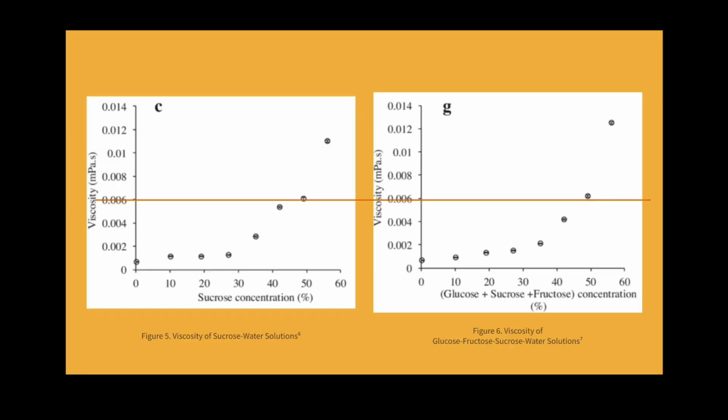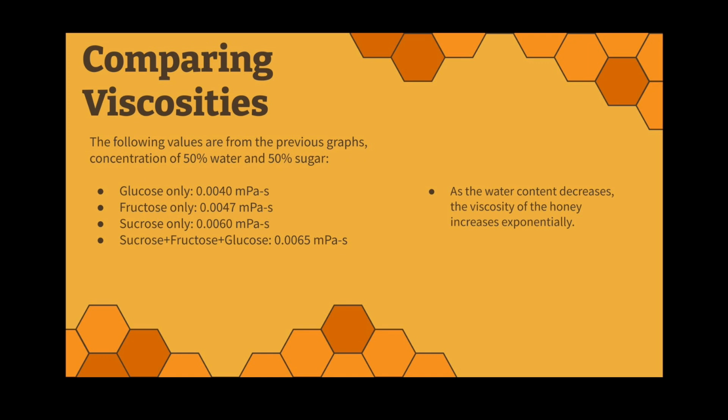On the left is the same graph that I had on the previous slide, but I wanted to have the sucrose graph next to the graph where the solution is equal parts sucrose, glucose, and fructose, because these mixtures can represent nectar before and after being turned into honey. Looking at the viscosities of each sugar mixture where the solution is 50% water and 50% sugar, we can see that the viscosity of glucose is 0.004 millipascal seconds.